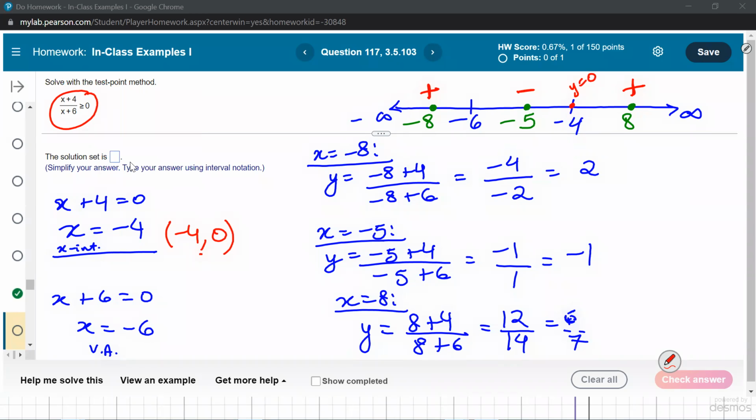What would that interval look like? So we're looking for y values. Basically, this is telling us y is greater than or equal to 0. So where the y value is equal to 0 and where the y value is positive.